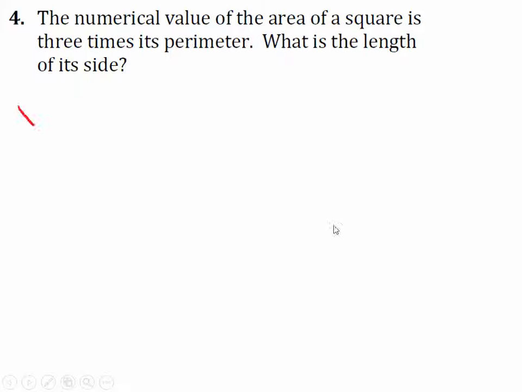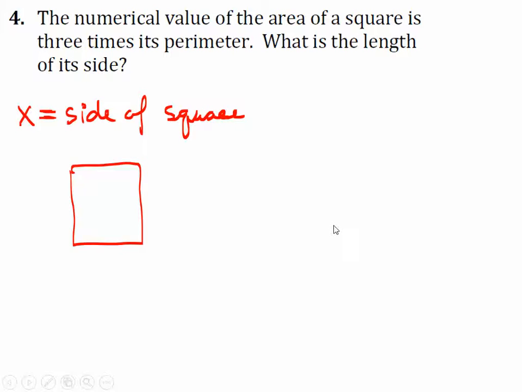Let's go for it here. So first of all, what is x going to be? X is just the side of a square. Good there so far. Hopefully you made this square. Label the square because both the length and width are the same.